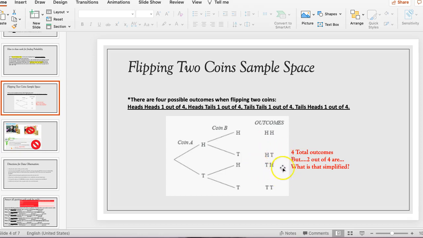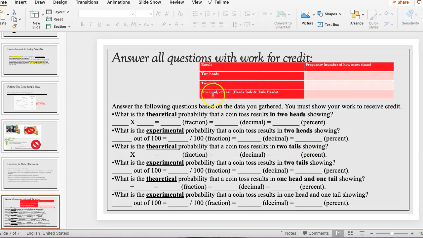I went ahead and put both of these into 1 column, right? 1 lands on heads, 1 lands on tails. No matter the order, I wrote it here. So technically, I'm going to say the theoretical probability, how many times I could land heads, tails, get the fraction, change it to a decimal, change it to a percent. Again, if you are confused on this part, reach out to your math teacher for help.